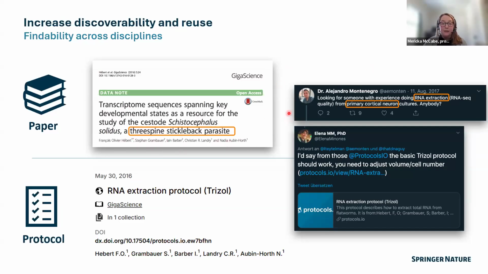Someone tweeted saying they were looking for someone with experience doing RNA extraction from primary cortical neuron cultures, which is a completely different model organism. And someone linked them to the RNA extraction protocol from that paper. Even though it's a different model and model organism, they're now able to build off of that for their own research.